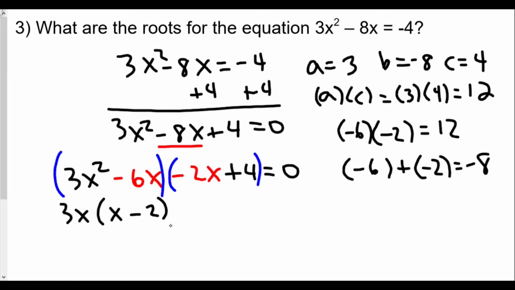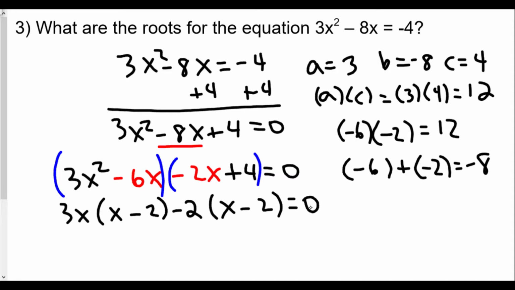If I use positive 2, it leaves me with negative x plus 2. So instead, I want to factor out a negative 2. What happens when I divide both negative 2x and 4 by negative 2? Negative 2x divided by negative 2 is a positive x, and 4 divided by negative 2 is negative 2. And you get 0.